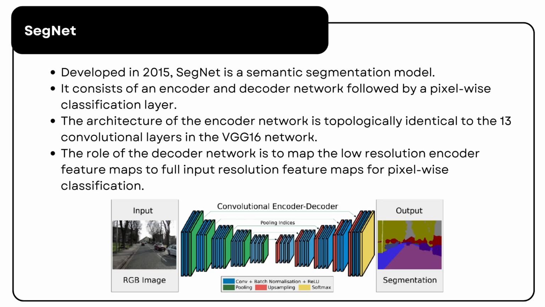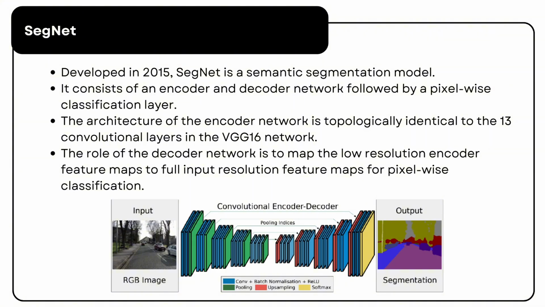It does this using an encoder-decoder architecture. The encoder part is responsible for extracting feature representations from the input image, and its structure is based on the VGG16 network, as you can see here. So this is a VGG16 architecture.